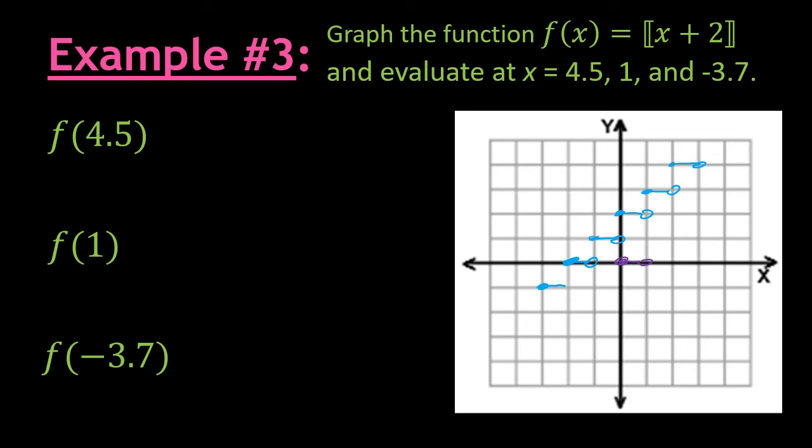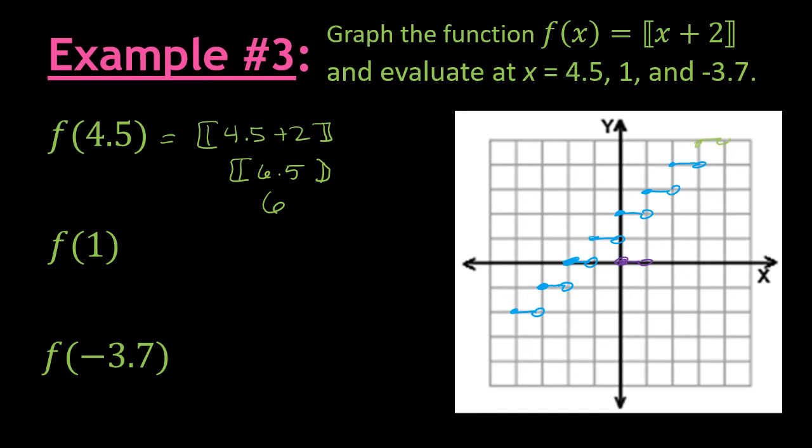And I think you figured out why we call this the step function. So you can do this, we'll do it analytically this time and then check it with the graph. So if I have f of 4.5 and I substitute 4.5 in for x, 4.5 plus 2 is 6.5. So the greatest integer less than or equal to 6.5 is 6.